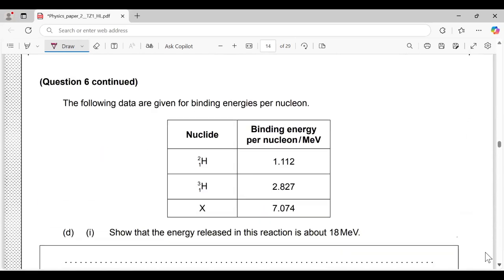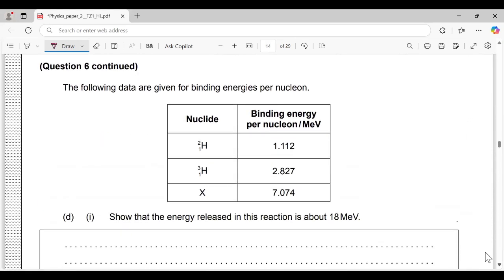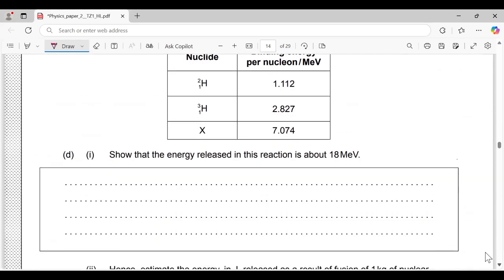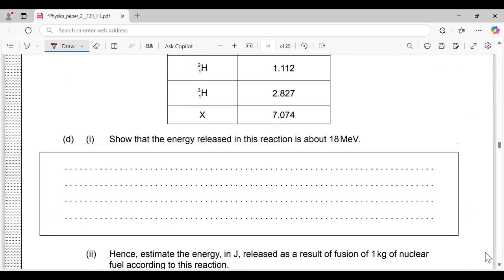Next. The following data are given for binding energies per nucleon. This data shows that the energy released in this reaction is about 18 million electron volts.